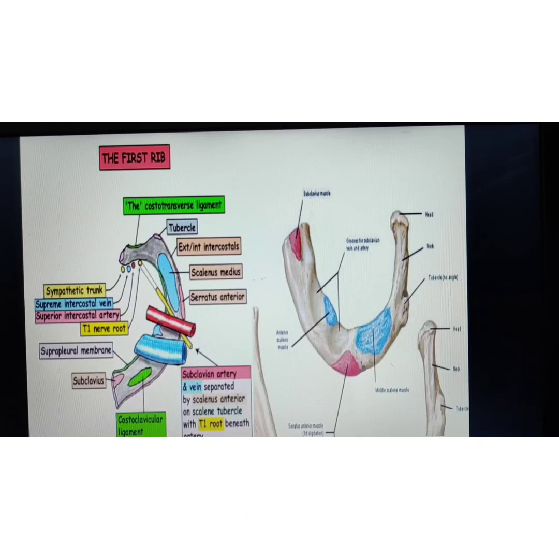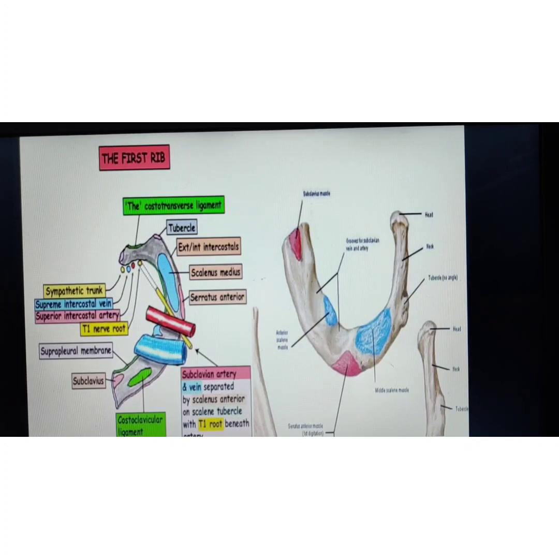The outer border of the rib near the groove for the subclavian artery is the attachment of the first digitation of the serratus anterior muscle. And also the intercostal muscles are attached to the outer border of the first rib.